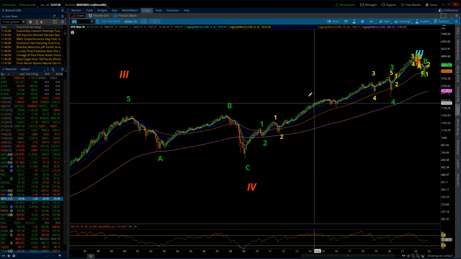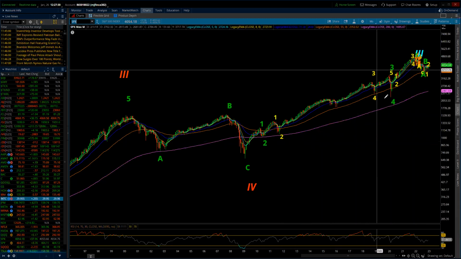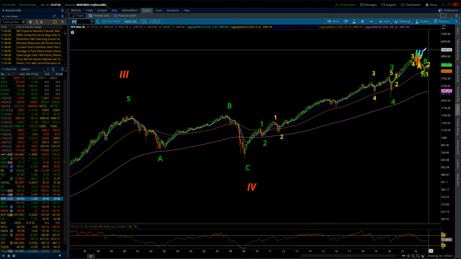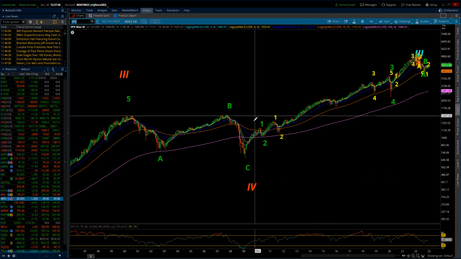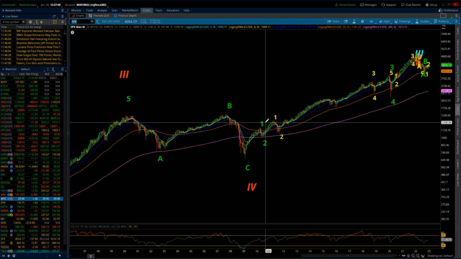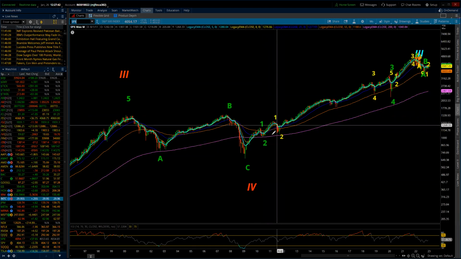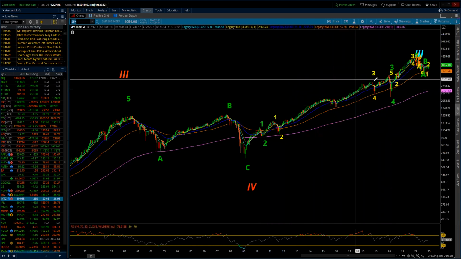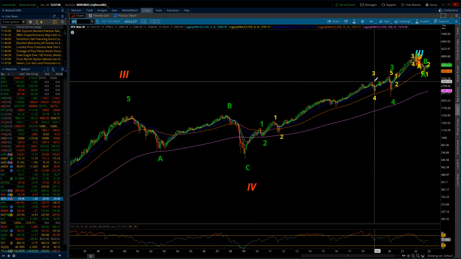Back to the count. So we continue to build our picture that within this cycle wave 5, we're going to have 5 waves of primary degree. Within each one of those, waves 1, 3, and 5, they're going to break down into their own 5 waves. If we take a look at that magnificent third wave, it's because Elliott let us know third waves are most often the longest and the strongest out of a 5-wave sequence, or waves 1, 3, and 5.